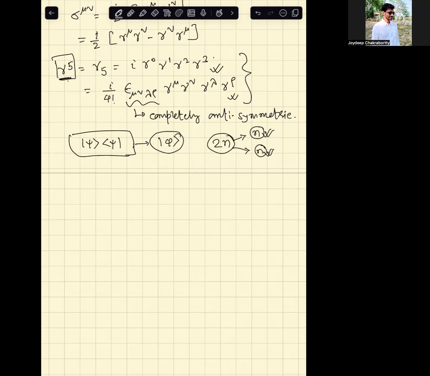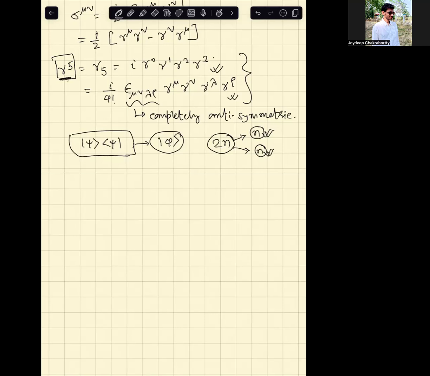Yes, so you are asking that the number of gamma matrices depends on the dimension you are working with. Yes, of course. In fact, the number of gamma matrices also depends on the space-time dimension, and you see that their inner structures will also depend on that.